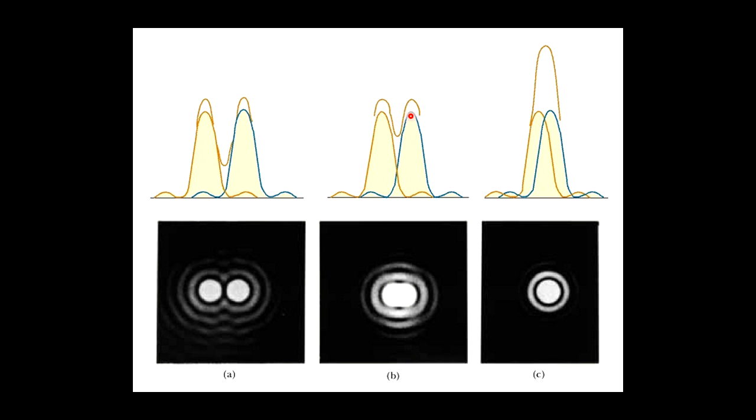This is that transition where it's resolvable as two objects, but you might say, well, just barely. Here it's obvious, here it's not so obvious. This is the criterion for resolvability. And in the last one, it looks like one object. There's really two objects, but they're separated by such a small angular separation.